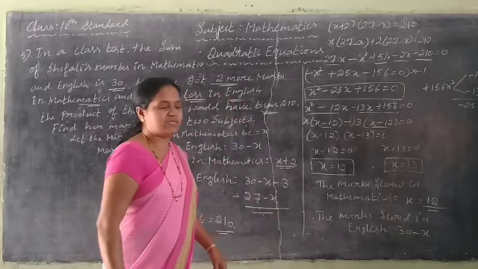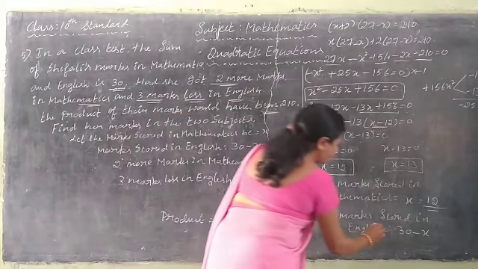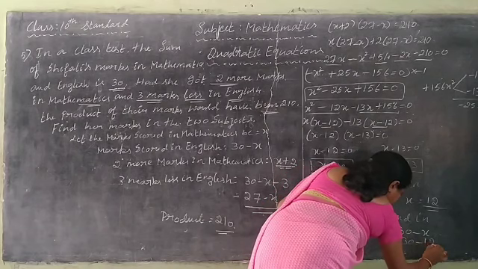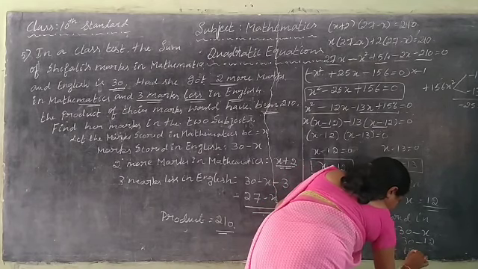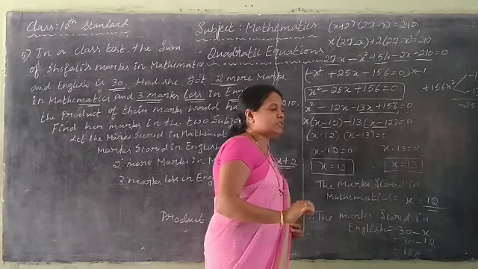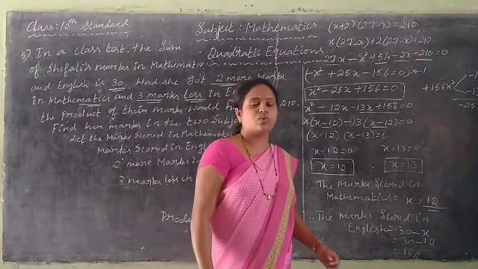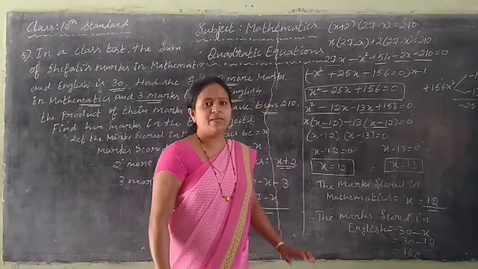Write down 30 as it is, minus x, which is 12. 30 minus 12 is 18. So the marks scored in mathematics is 12 and the marks scored in English is 18.